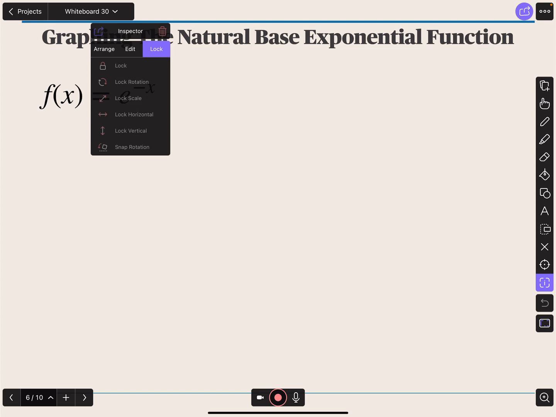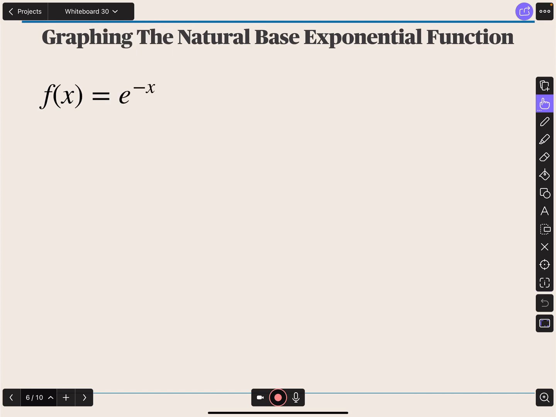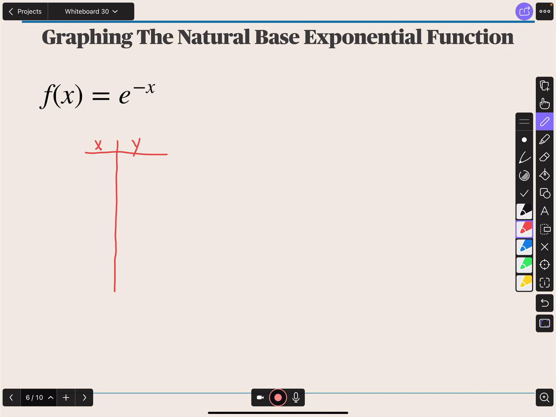Let's take a look at another one. So this is now e to the negative x. We know it's going to be decay. Let's just make a little table of values here, x and y, and we can go negative 2, negative 1, 0, 1, 2. It's going to become a positive 2 because you'll have negative 2 times the negative. This will be e to the positive 1.